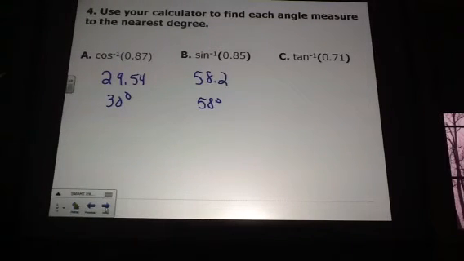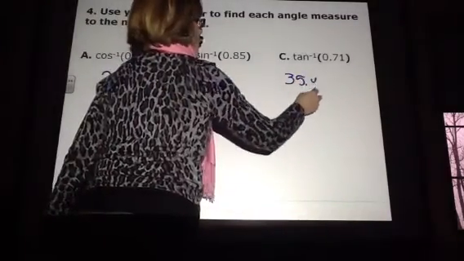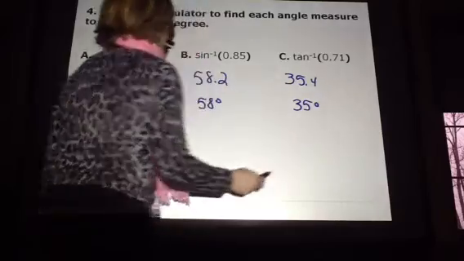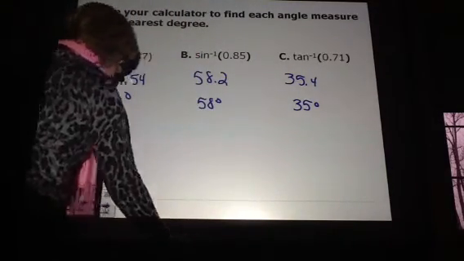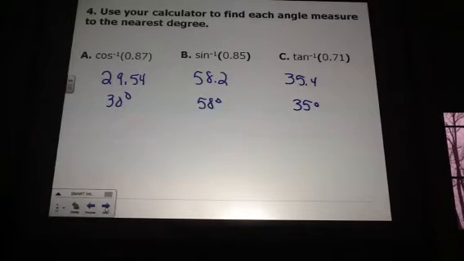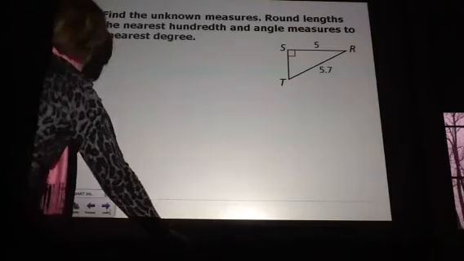And the inverse of tangent 71 hundredths is 35.4, which is 35 degrees. So when you're using the inverse, you're finding the angle measure, and your answer should have a degree symbol. Okay? All right, so let's look at this.